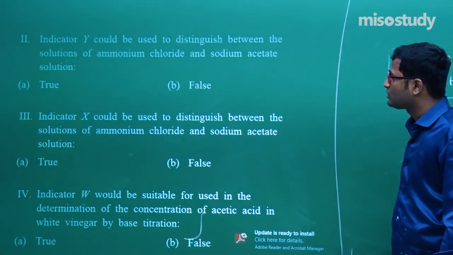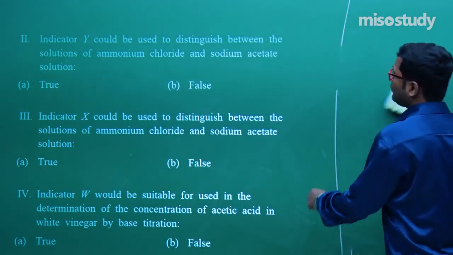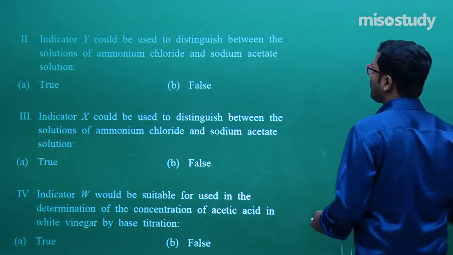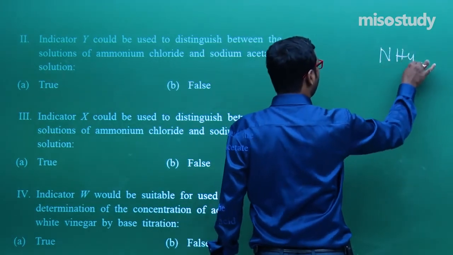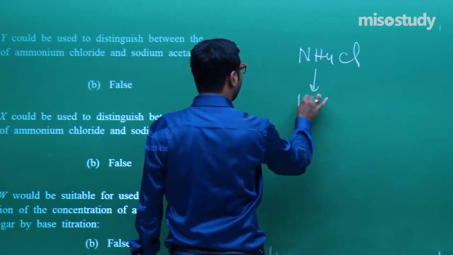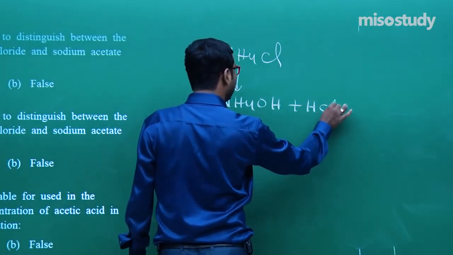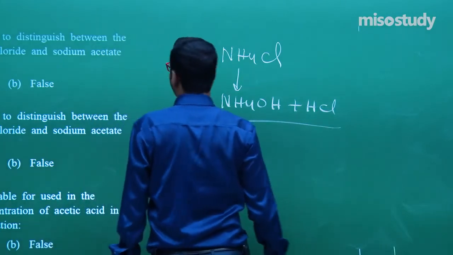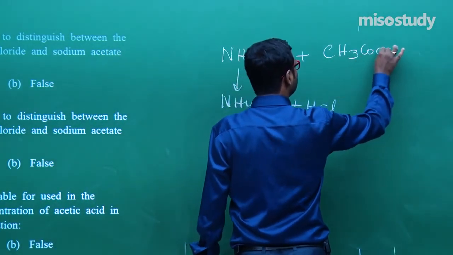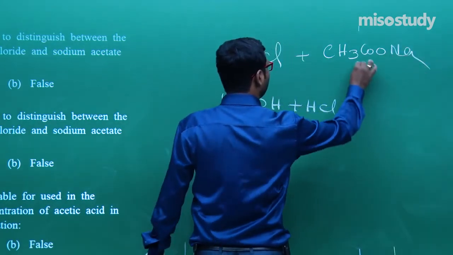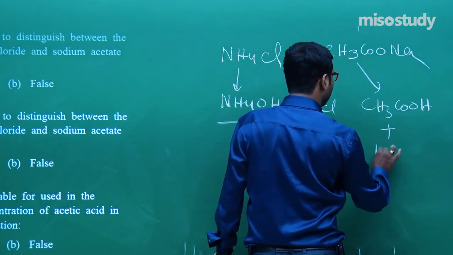Now let's move to the next statement. Indicator Y could be used to distinguish between the solutions of ammonium chloride, NH4Cl, which we get from NH4OH plus HCl, and sodium acetate, CH3COONa, which we get from CH3COOH plus NaOH.